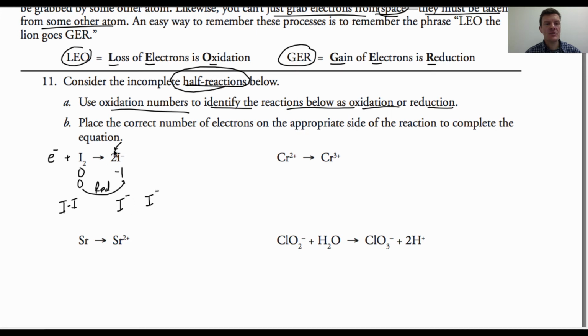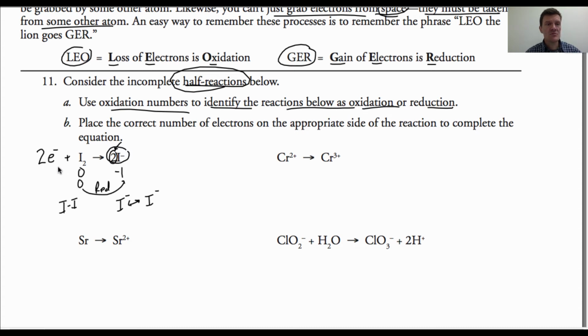They're separated here, but 2 of them. That's why the 2 is a big coefficient there. So I'm actually going to put 2 here. I need to have 2 electrons gained in order to produce the 2 different charged ions here. These are different and separate. So I'm going to put a big 2 over here to make sure that the charges are balanced.